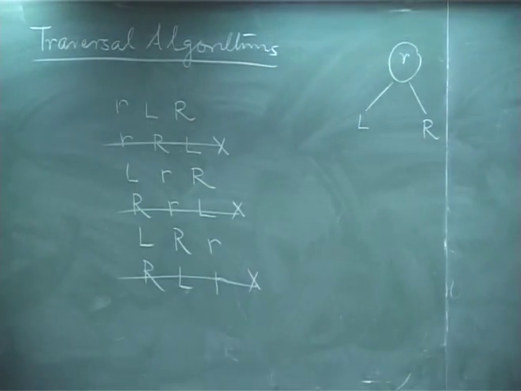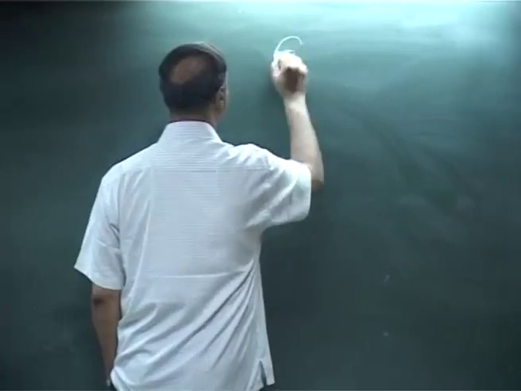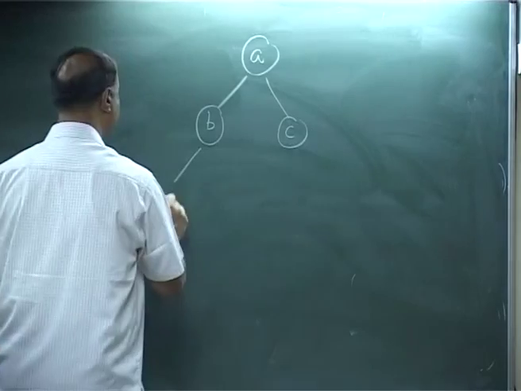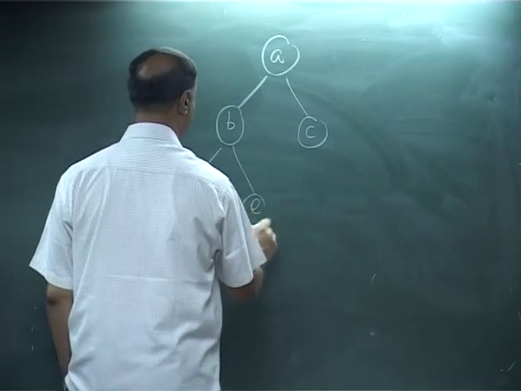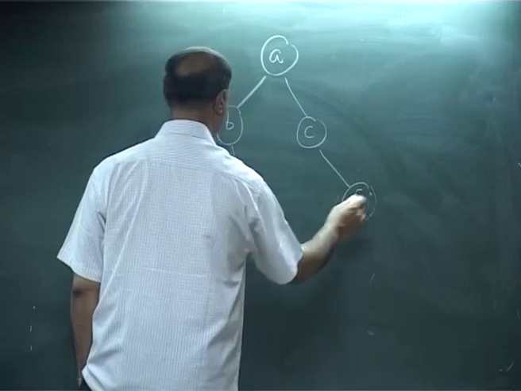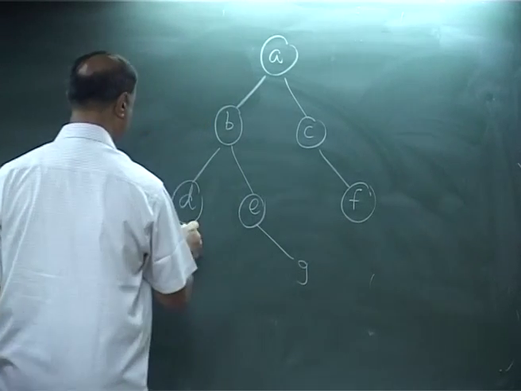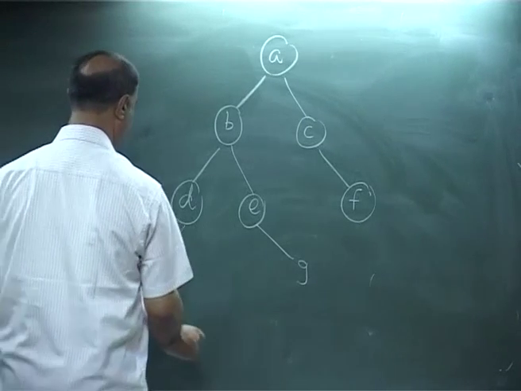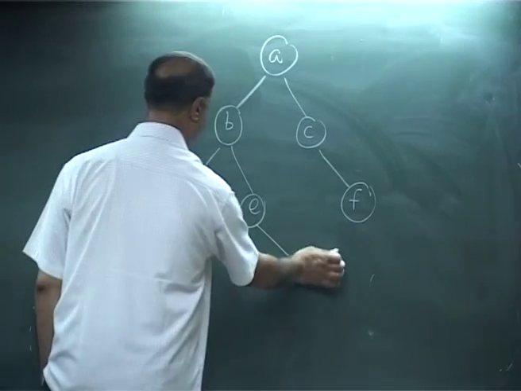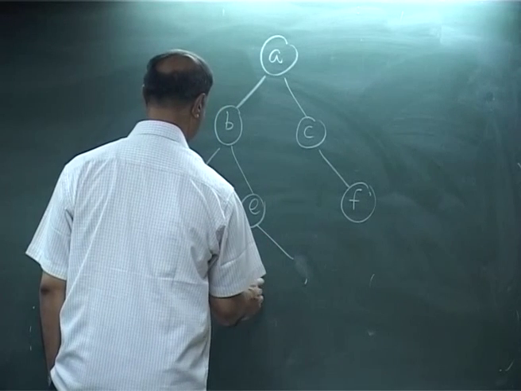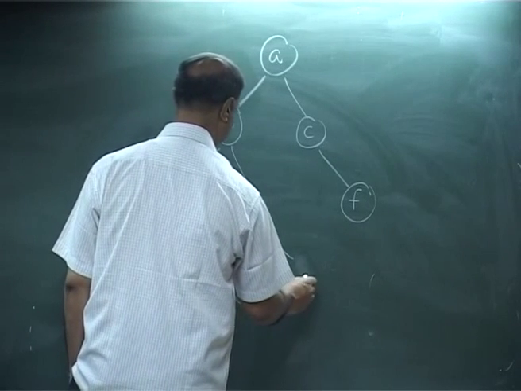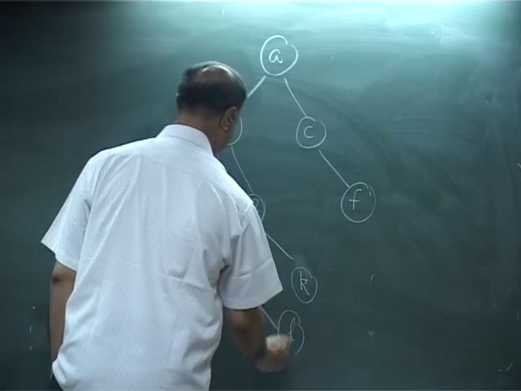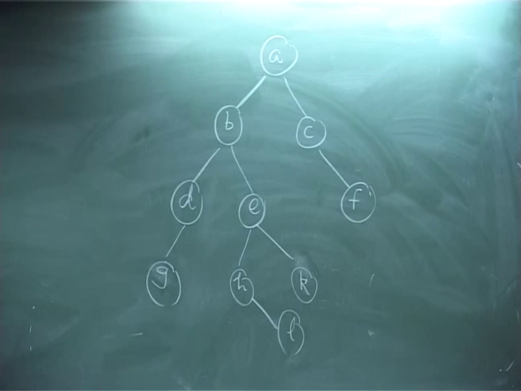So for example, if I have A, B, C, D, E, F, G, H, suppose you have this binary tree.